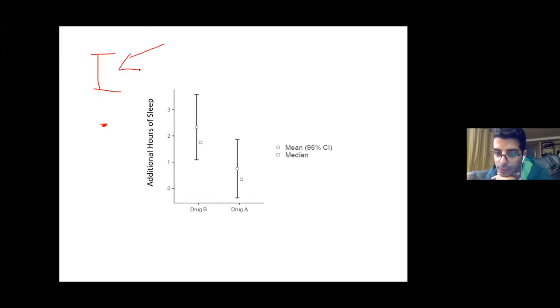Significant, exactly. So here's the exact same thing. The only difference is that here's the interval, and you compare it to this mean. So is it touching? No, it's not touching, so it's significant.